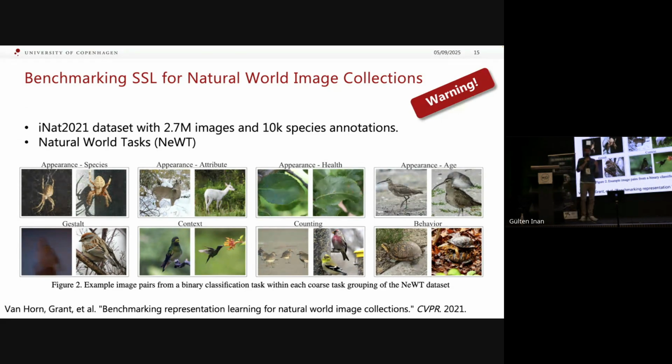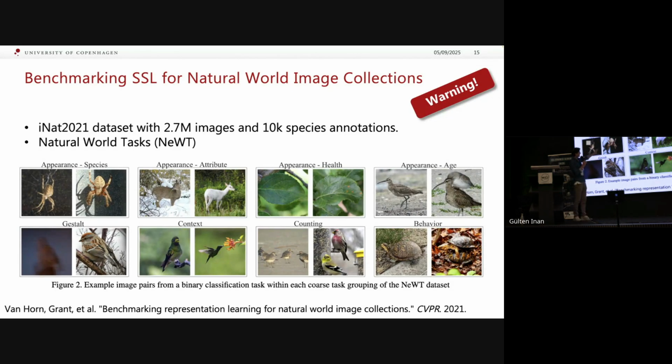Okay, a counterexample where such a technique does not really work so well, we can already find in a ground level image domain. Some of you might have heard of iNaturalist, the citizen science platform, where you can upload your observations that you made on a hike, and then the community labels it down to the species level and even more attributes. So there are maybe some of these object-centric images.